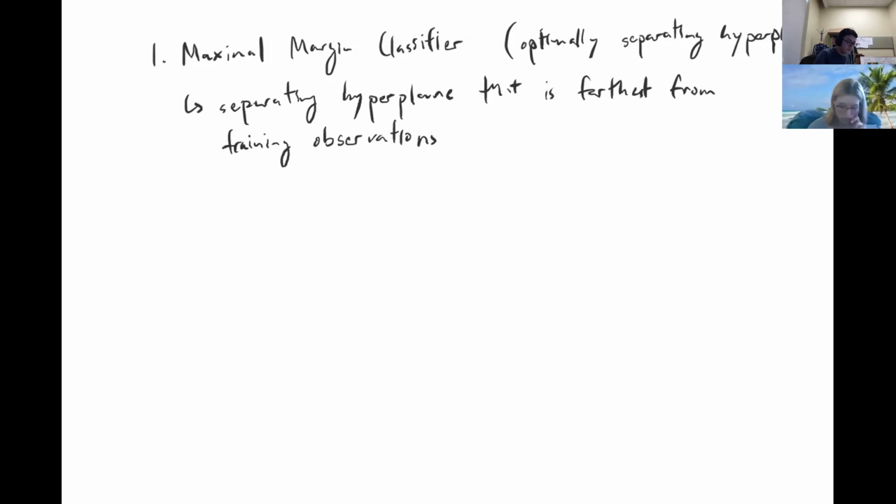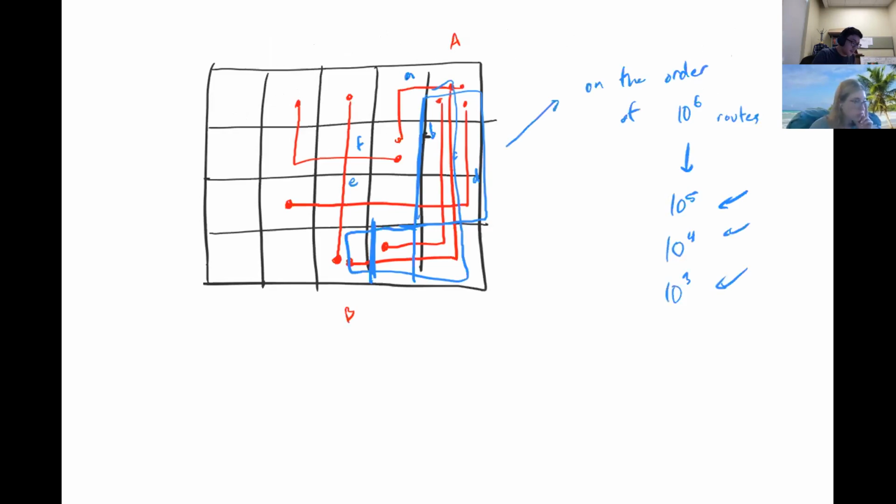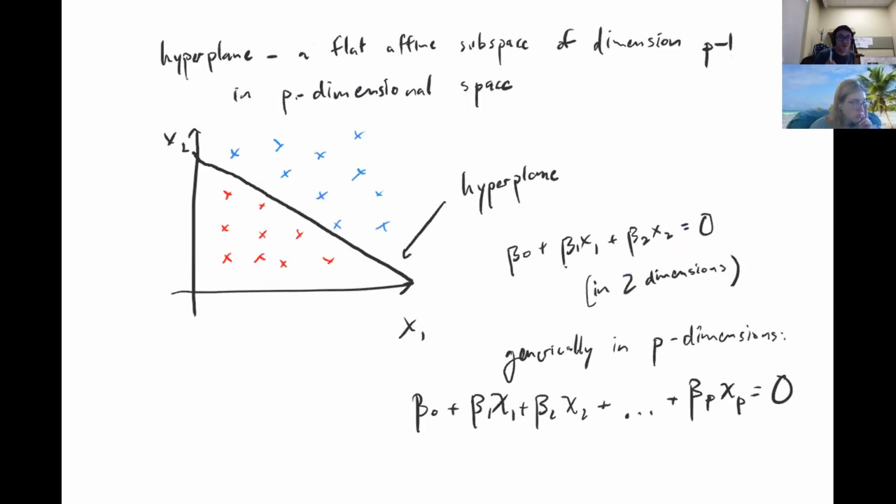And actually, let me give a little bit of context. Oh, not here. Let me go back to this one. The reason why we make this hyperplane is that it allows us to do predictive classification.